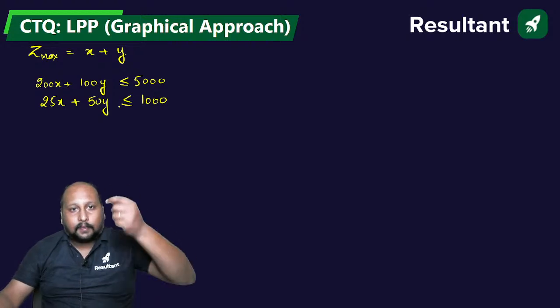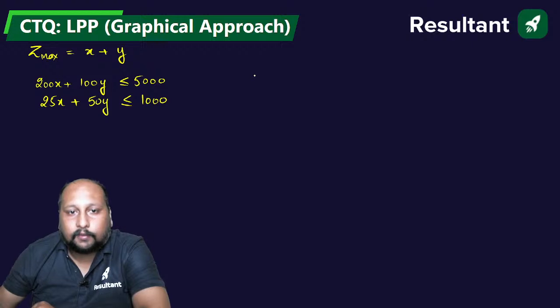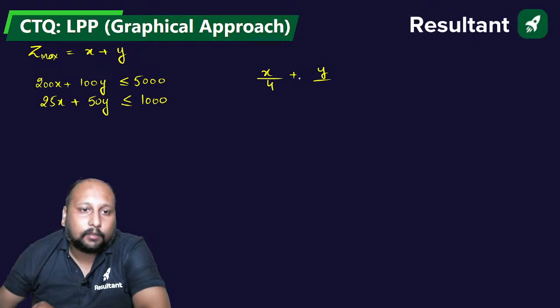Intercept format मतलब x by a plus y by b. So if I try to divide by 5000, we'll be having x divided by 25 plus y divided by 50.